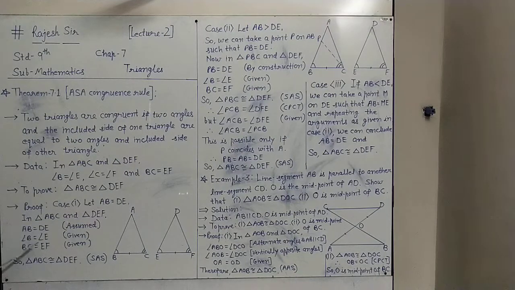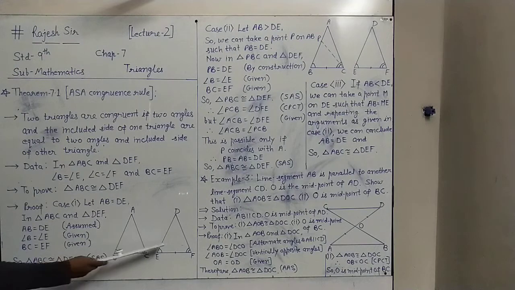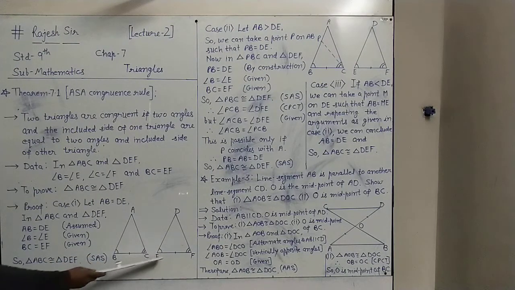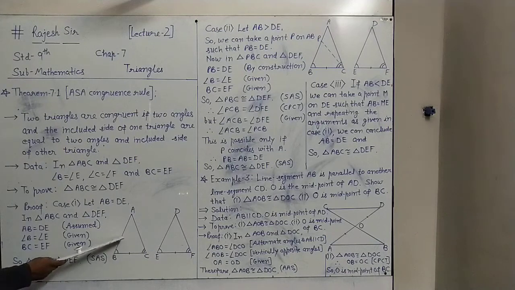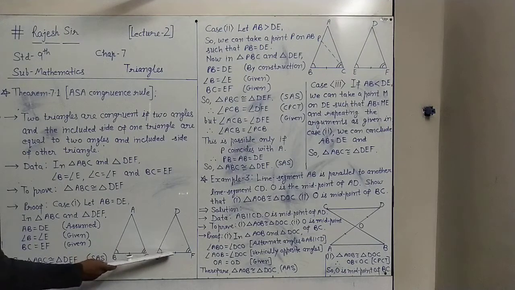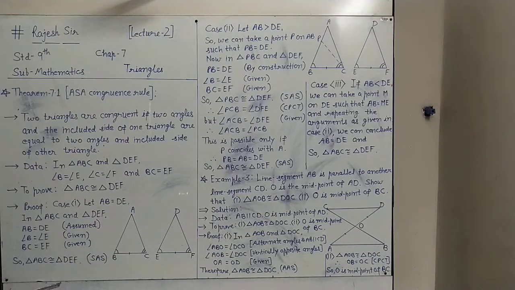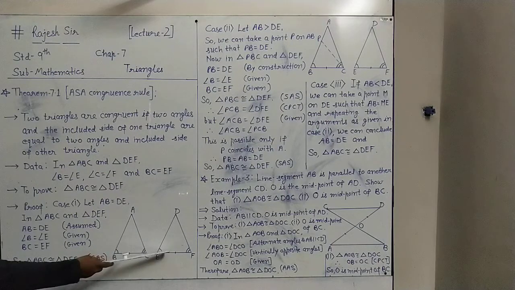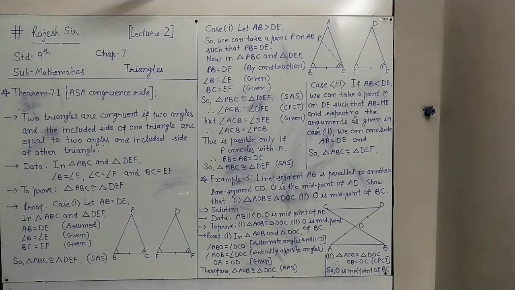So you can see now in these two triangles, side AB equals DE, angle B equals angle E, and BC equals EF. This shows side angle side. In the last lecture we have seen the SAS congruence rule: if two sides and the included angle of one triangle are equal to the two sides and included angle of the other triangle, they are congruent.